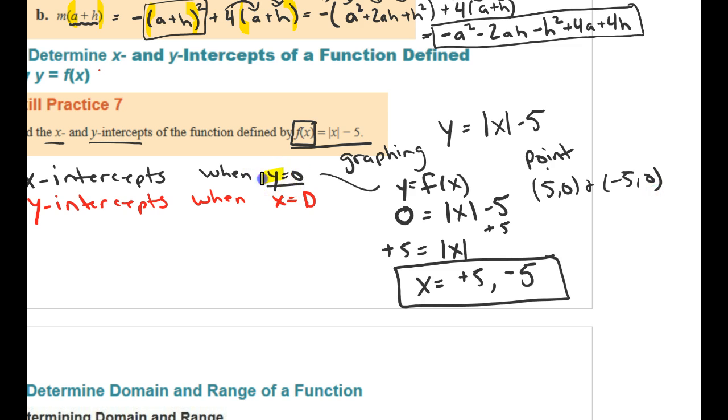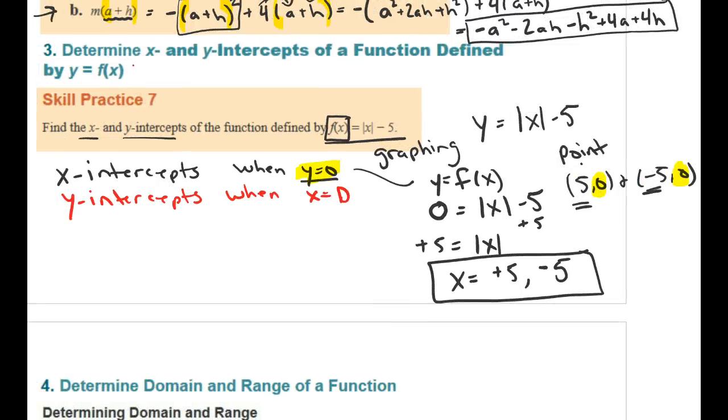Like I said before, it's when y is 0, so our y component is 0. Our x component is whatever we need to plug into our function to get out the 0. Remember, x is what we plug in, y is what we get out. So I can test this by plugging in absolute value of 5 minus 5, absolute value of minus 5 minus 5, 0. So that works there.